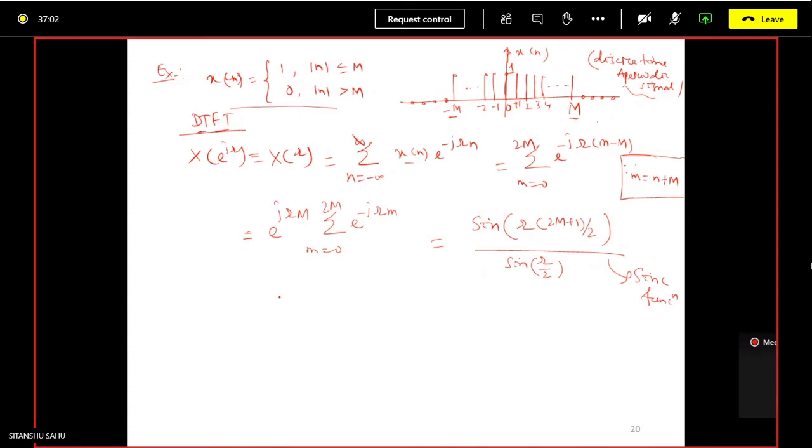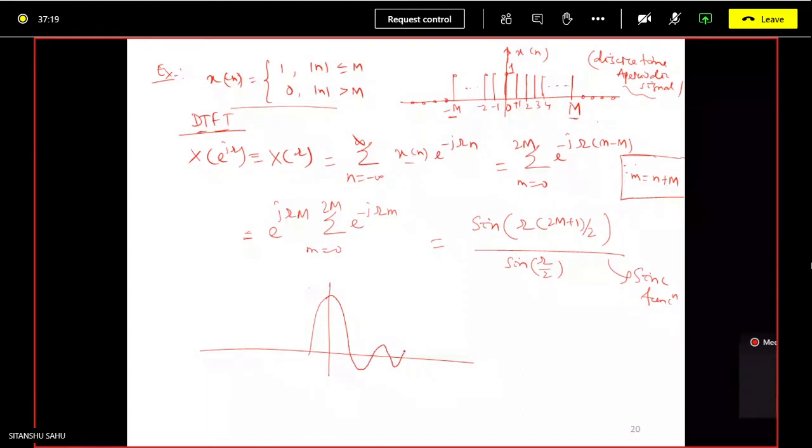And if you look at the magnitude spectrum of this sinc function, you can see the nature of this sinc function is like this. It goes on to infinity like this.